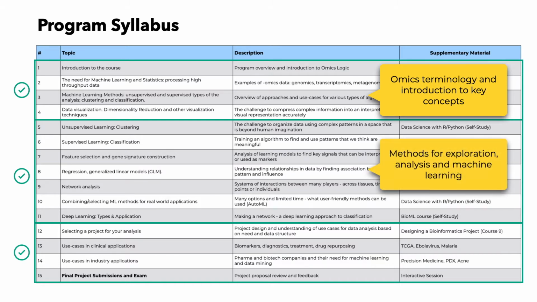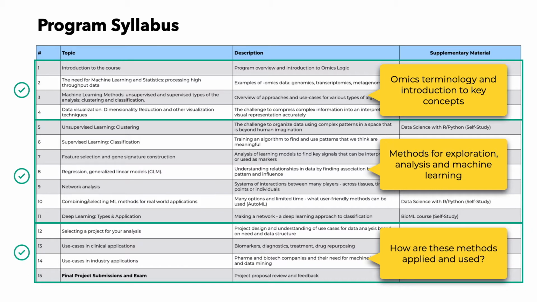The methods part will give you a practical sense of commonly used methods and functions for analysis of omics data, starting from exploratory to statistical testing, supervised and unsupervised machine learning, as well as deep learning. Finally, the project section will offer a sense of application for how these methods are applied to real datasets.